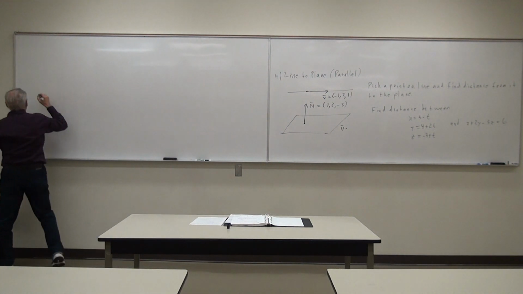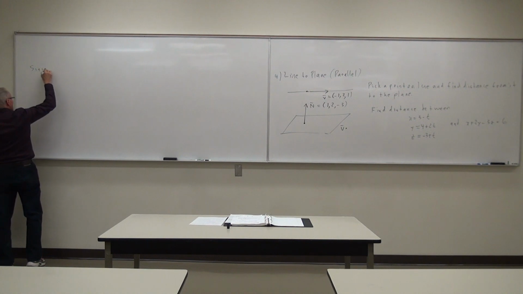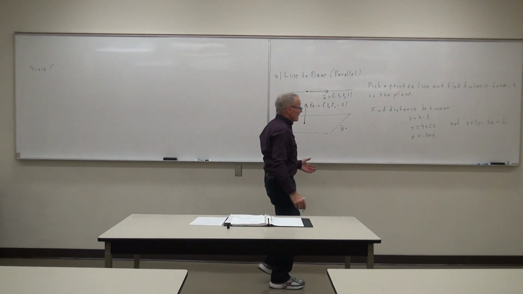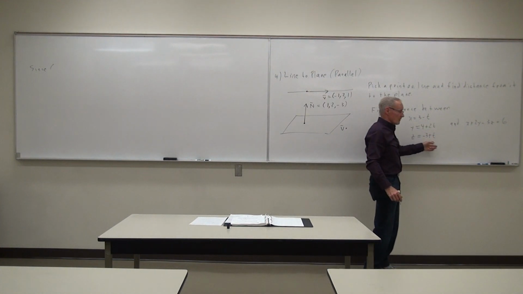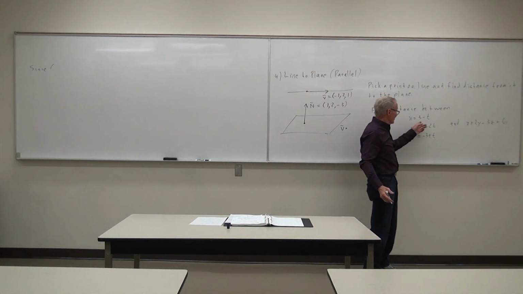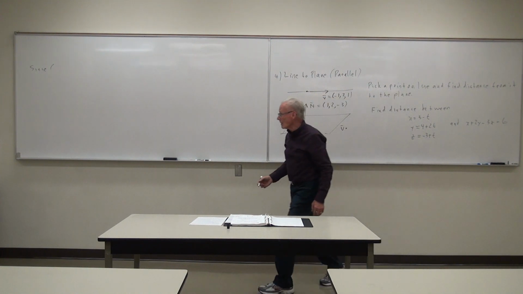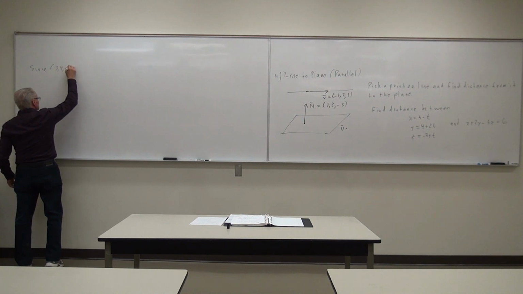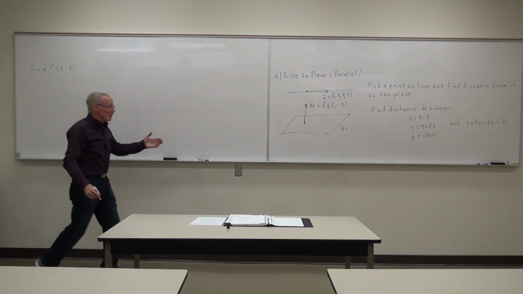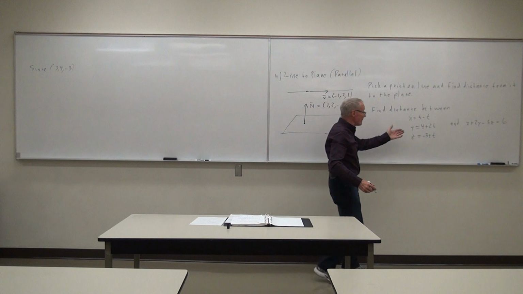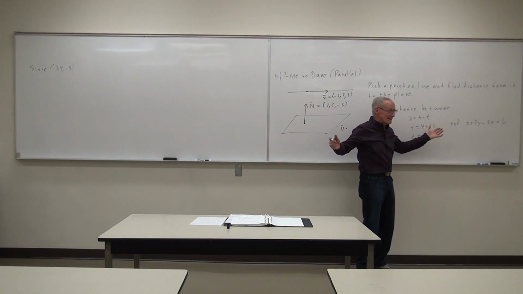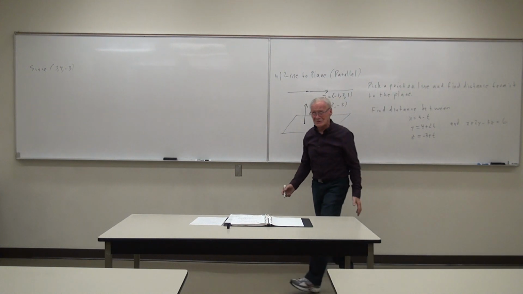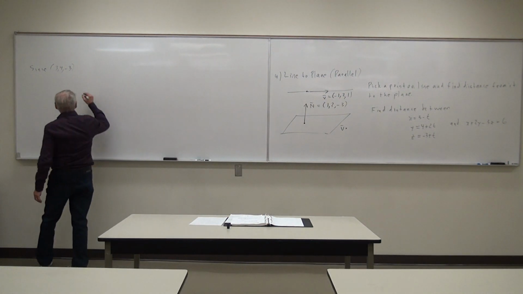If I put in t equal to 0, I get a point on the line: 3, 4, -3. You don't have to put in t equal to 0. If you want to put in t equal to 51, be my guest. You're going to eventually get the same answer, but who wants to put in 51 when you can put in 0?